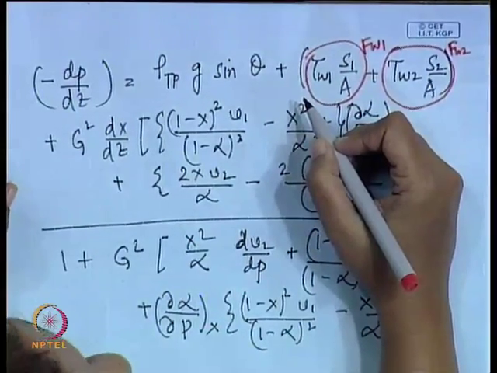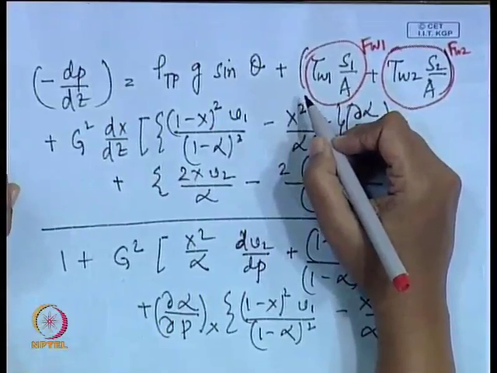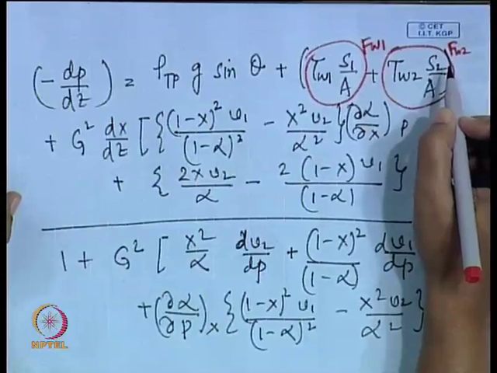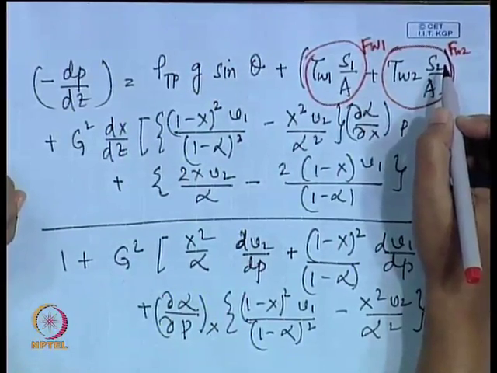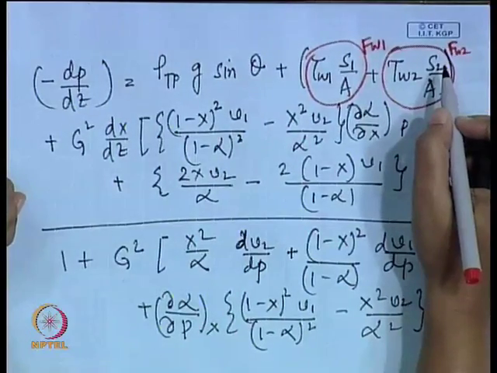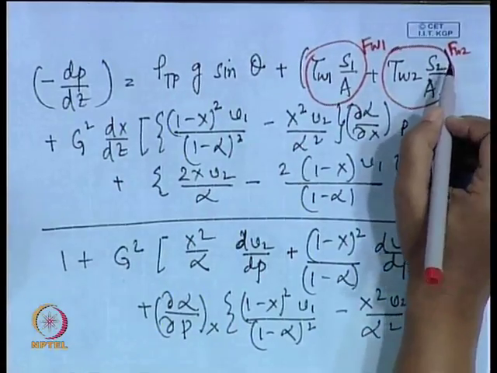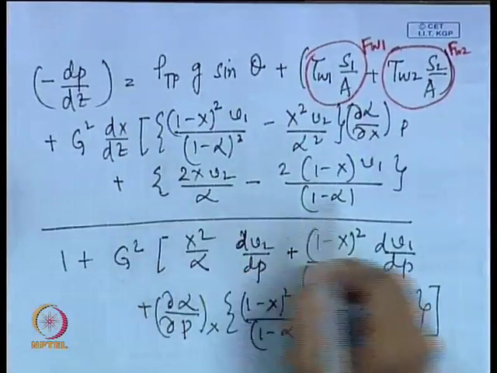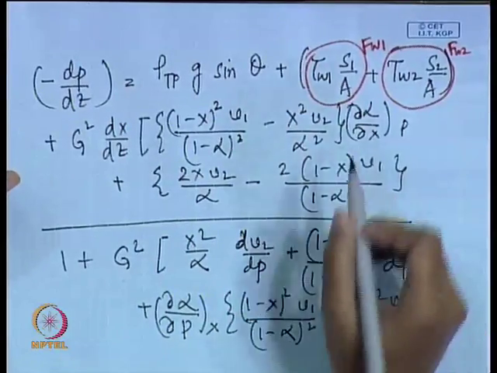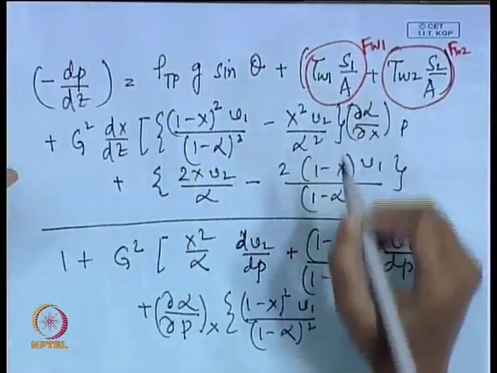After we discuss the conditions of choking, we will next concentrate on how to find out the frictional components in this particular case. This we also had to discuss when we were discussing the homogeneous flow model. But in addition to the homogeneous flow model, there is one additional factor which was not there in that case, and that is del alpha del x.